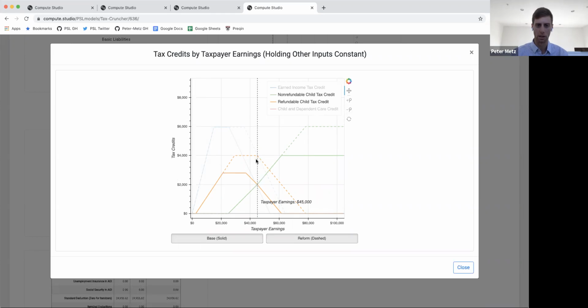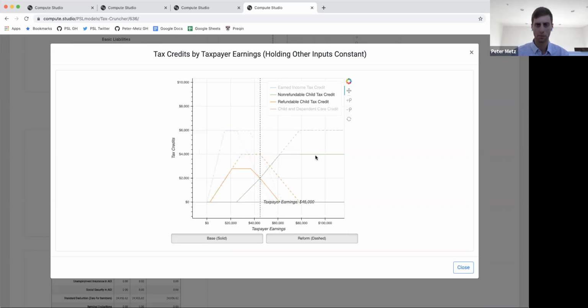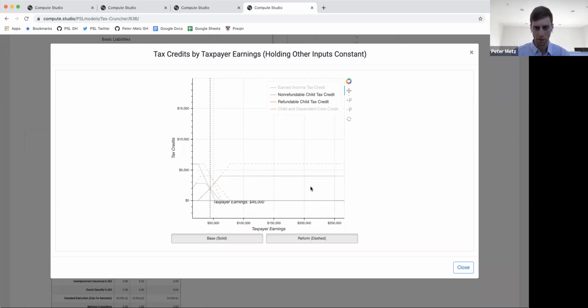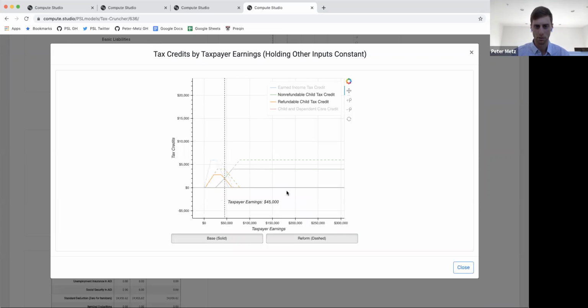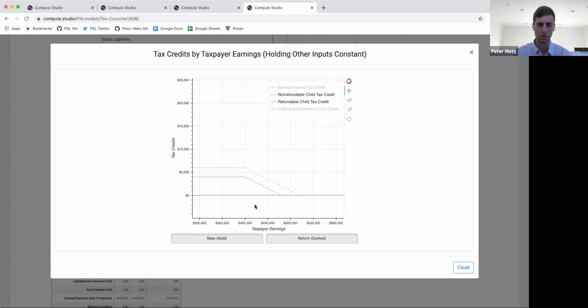And so we can see that it's bumped up here by about $2,000. Eventually it's going to phase out. Let's see if we can find the phase out. Yeah, we can see that it phases out starting at $400,000 in AGI.